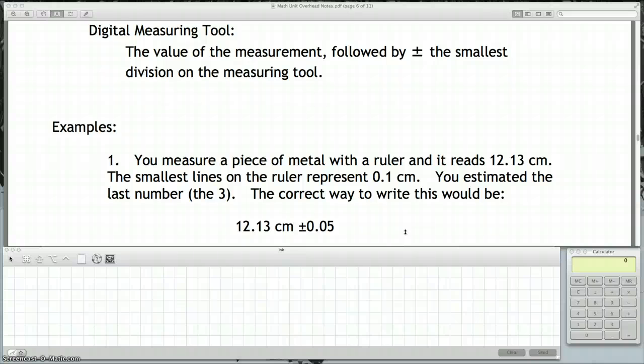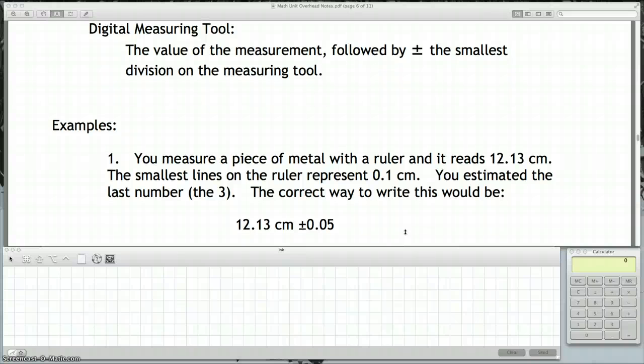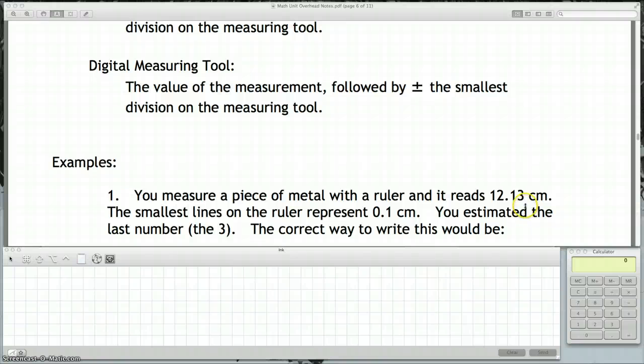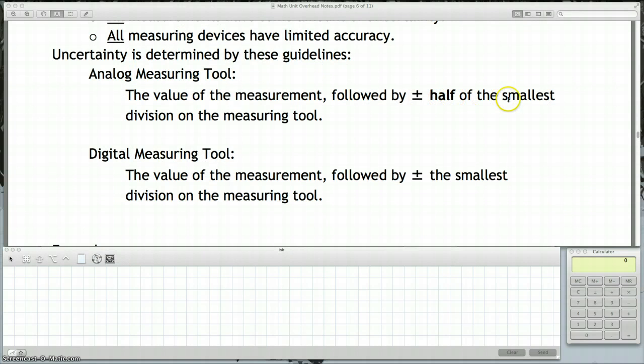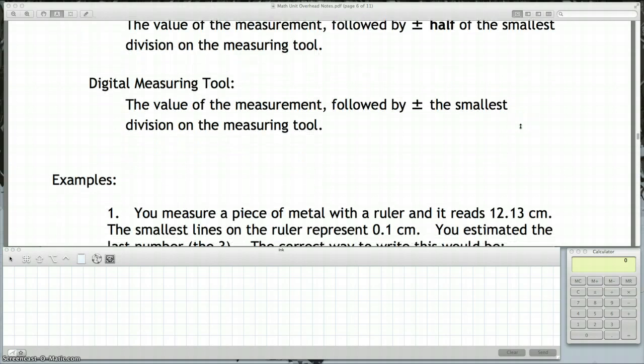So, examples. You measure a piece of metal with a ruler and it reads 12.13 centimeters. Now, the smallest line on the ruler represents 0.1 centimeters, and we talked about how you estimate that last number in a previous lesson. So we estimated it as 3, a little past the 0.1 mark. So 12.13. Now, since this is analog, it's a ruler, it's plus or minus half the smallest division on the measuring tool.